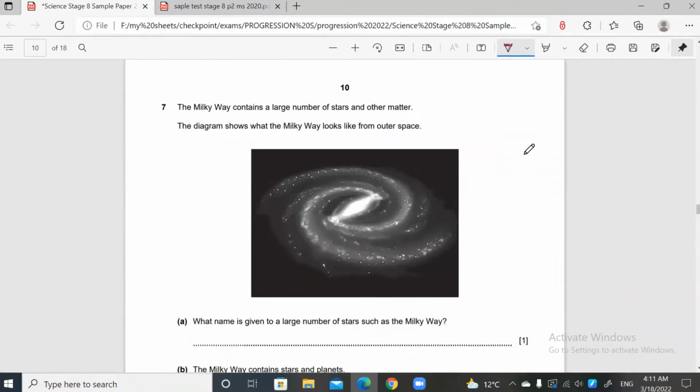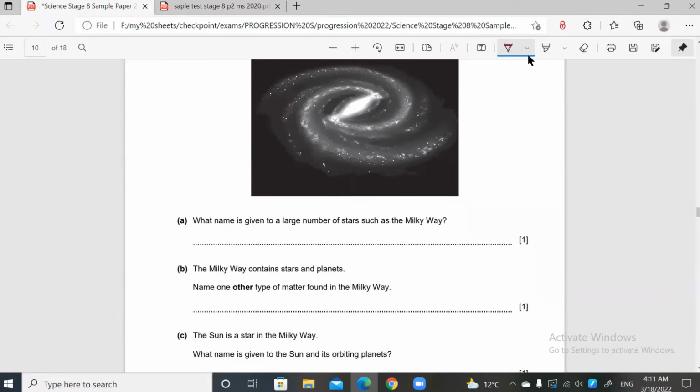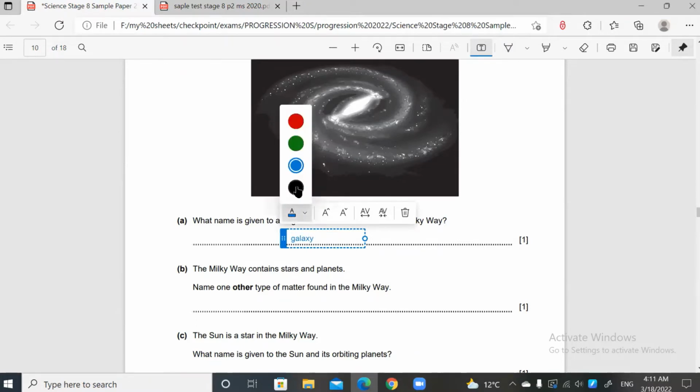The Milky Way is our galaxy, and a collection of a huge number of stars is called a galaxy. So what is the name given to a large number of stars such as the Milky Way? It's called a galaxy.